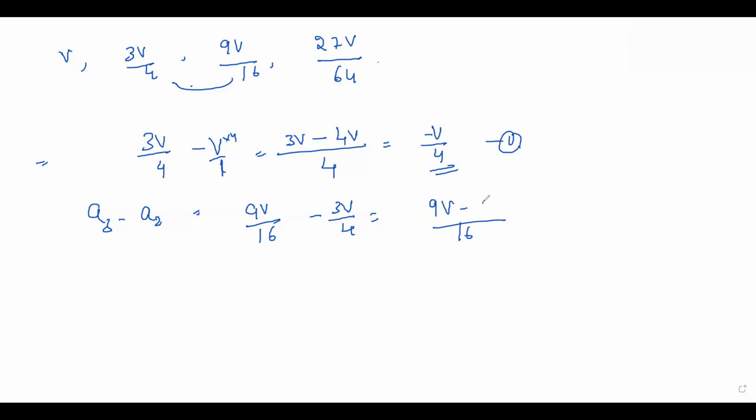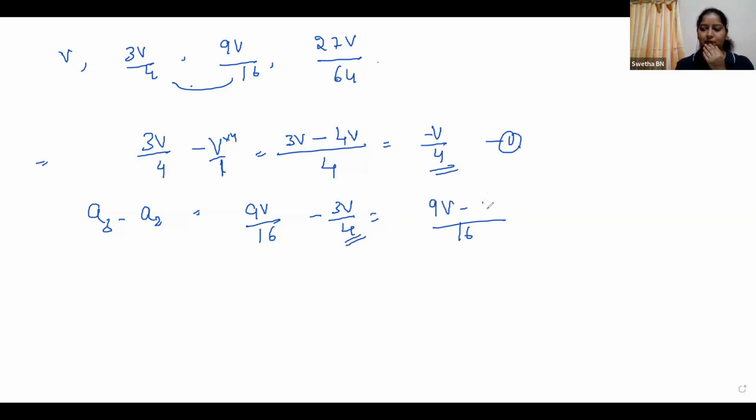Ma'am, 6V. 6V. Numerator. It is not 6. You have 4 in the denominator, no? How much will you write? Ma'am, 3V. We have 4 in the denominator. LCM is 16.